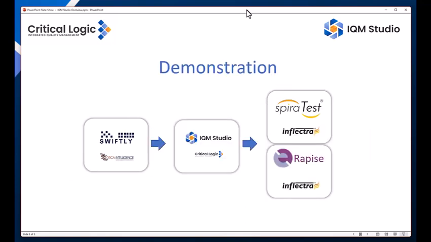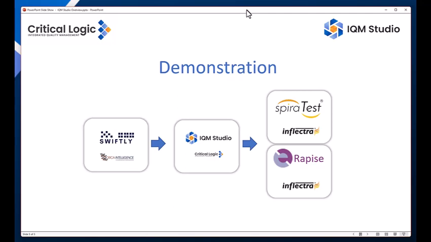Okay, let me show you what I'm going to demonstrate here. I'm going to just demonstrate my example. We've taken a very simple Swiftly product that we've developed some requirements in for particular epics and features.